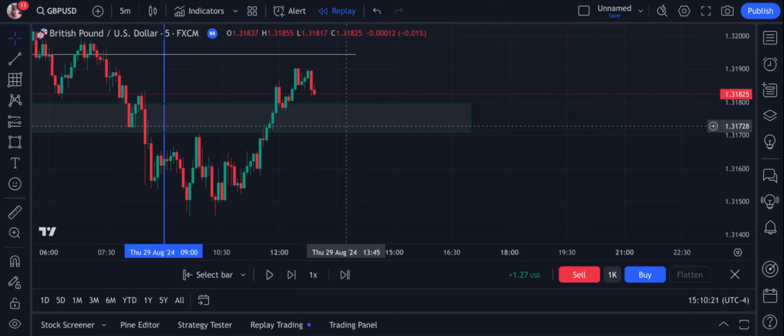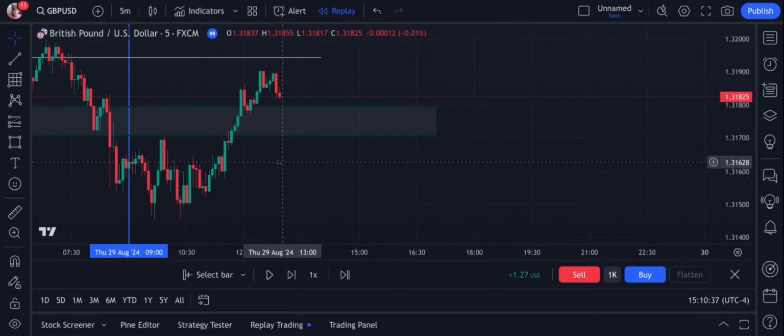It's like one fair value gap, but two fair value gaps. So the probability of orders to be filled or a reaction to happen in that area is doubled more than just a normal fair value gap. This is a little late in the session, so we're not going to look at this anymore.